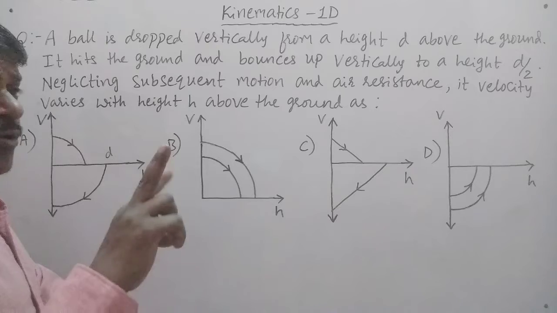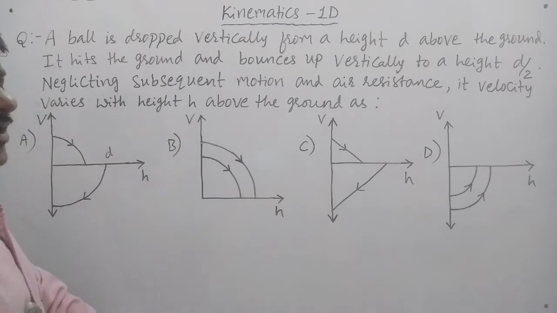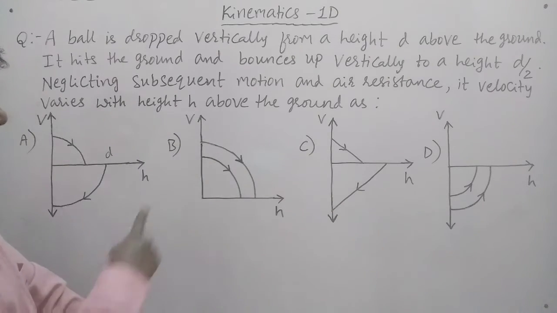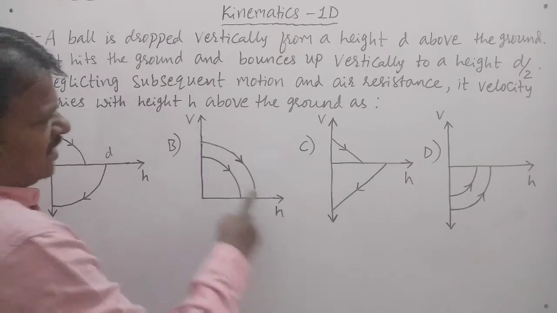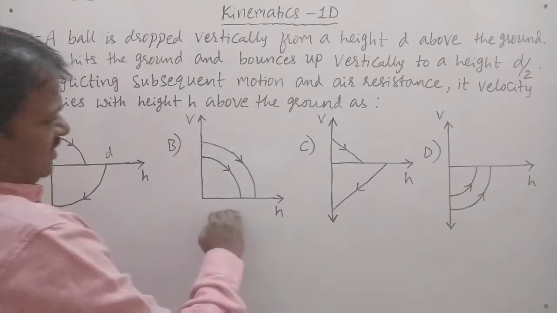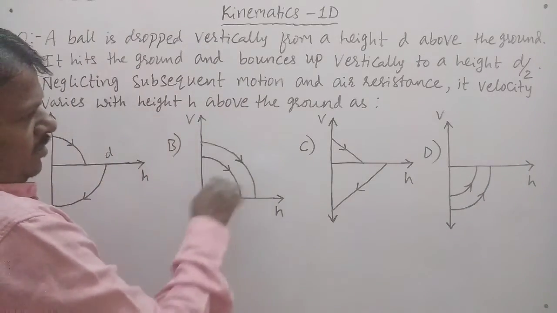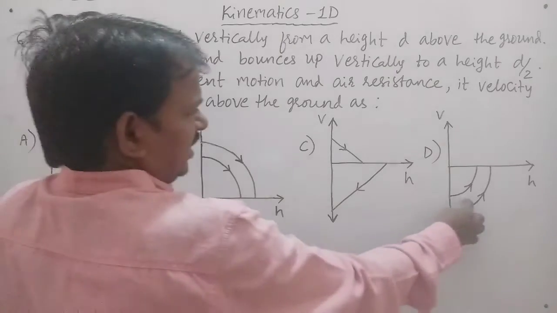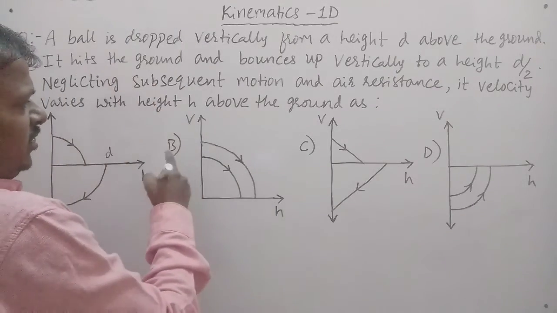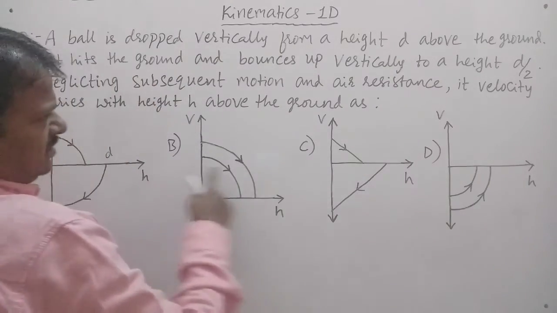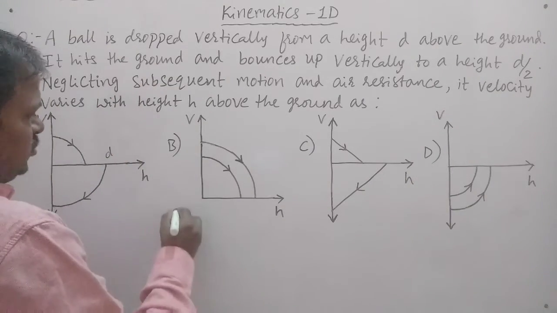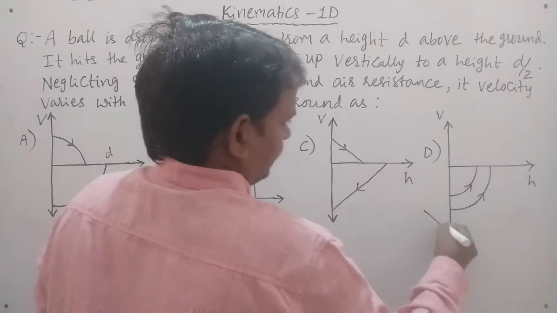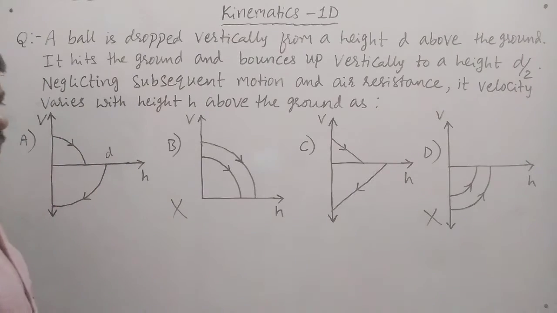At the same time, both velocities are opposite in direction. In graph B and graph D, the velocities are in the same direction, positive here and negative here. So these two graphs are not possible.